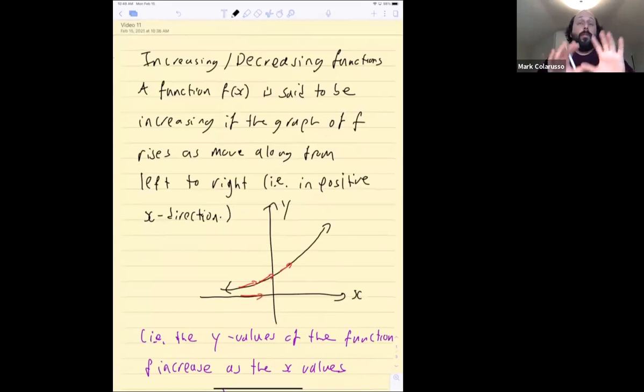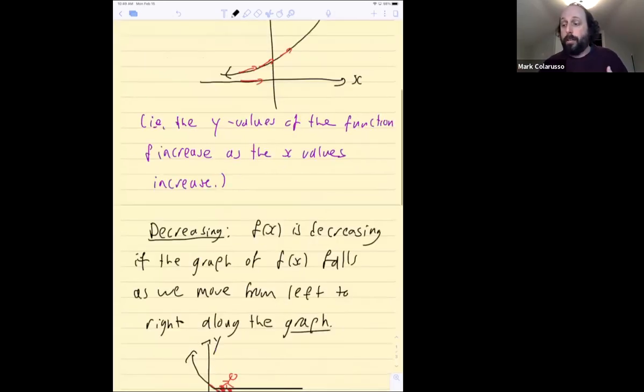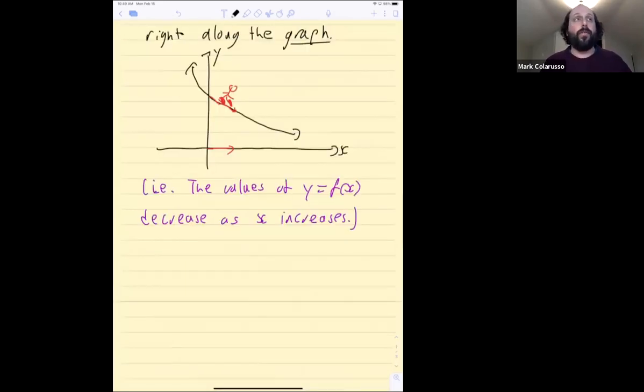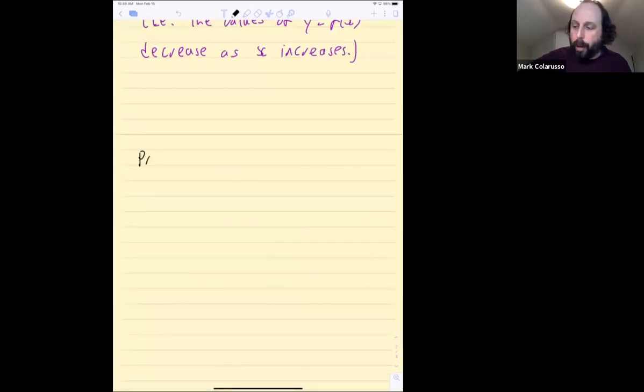Pretend you don't know the graph. How do I figure out from that formula where the function is increasing and where it is decreasing? Luckily we understand derivatives and tangent lines now, so our knowledge of derivatives can be used to answer this question. So here's the main problem we want to deal with this week.